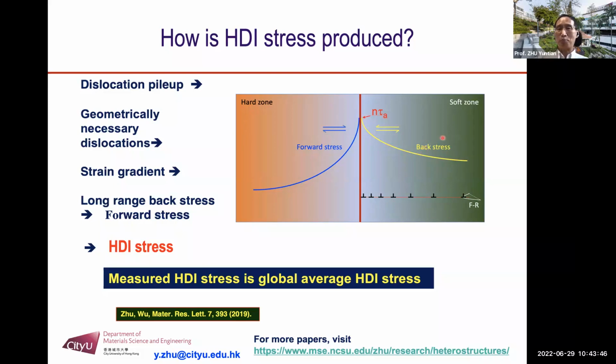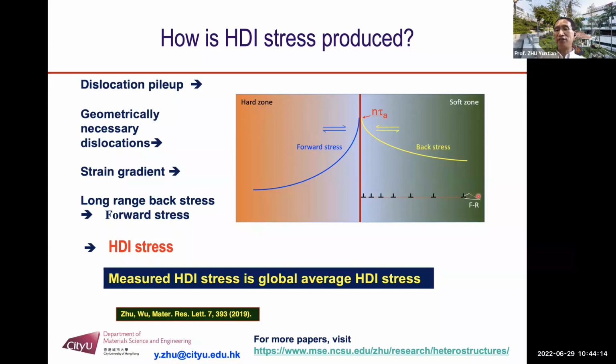This is called back stress, because your applied stress will drive dislocations forward. Your back stress will drive the dislocations backward, which is why it's called back stress, because it's opposite to the applied stress.